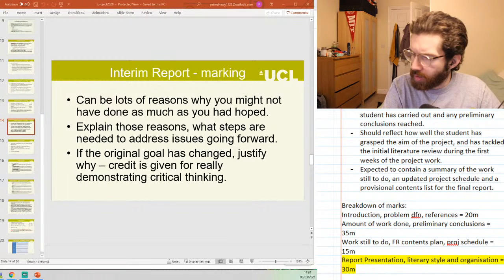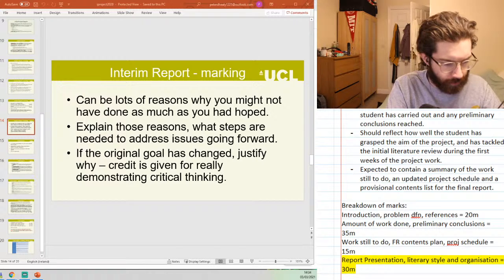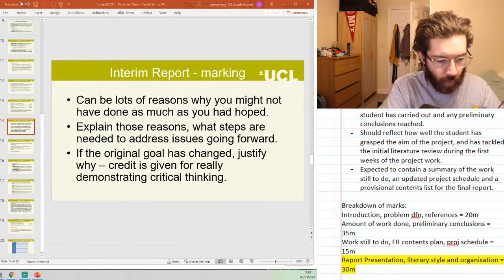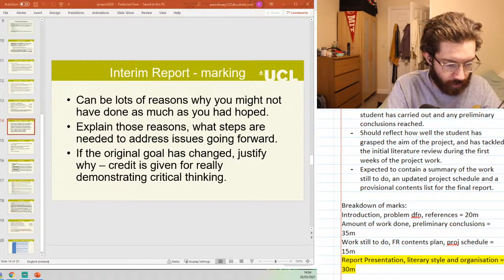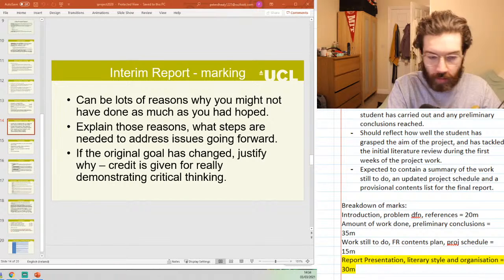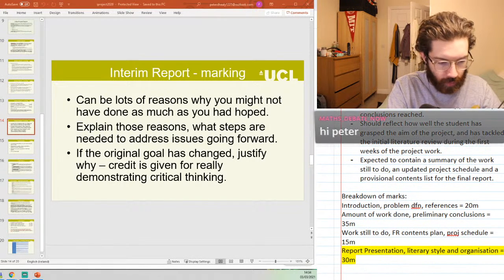If original goal has changed, justify why. Credit given for demonstrating critical thinking.